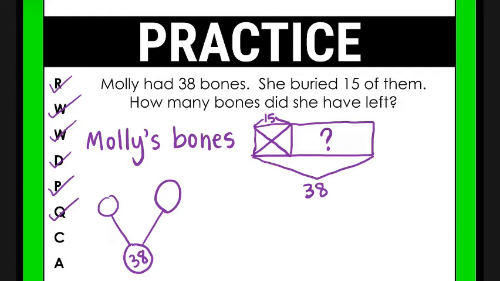My one part would be 15. And I'm missing my other part. So when I'm missing a part, I have to subtract. So my computation, my C, is going to be 38 minus 15.